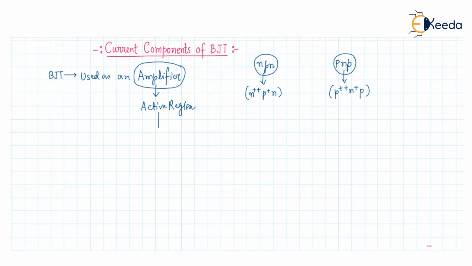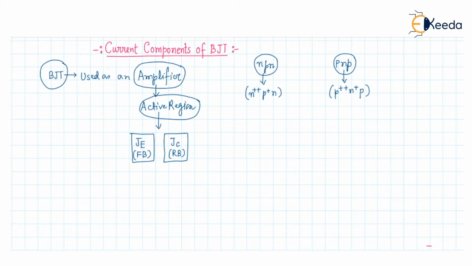The active region happens when the JE junction, that is the emitter junction, is forward biased and the collector junction is reverse biased. So if we make the emitter junction forward biased and the collector junction reverse biased, then we can operate the BJT in the active region. Only then can we operate the BJT as an amplifier.